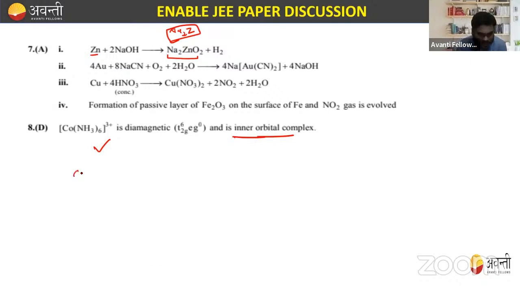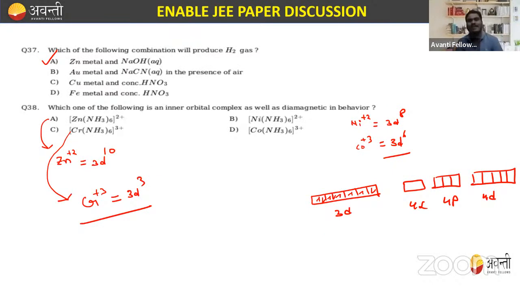One important note here, beta: don't observe the ligand only. In the previous question all had the same ligand, that is ammonia. If the ligands are different, we know the spectrochemical series and can easily calculate which will produce more splitting or less splitting.